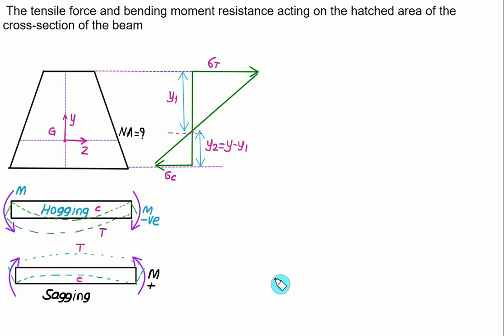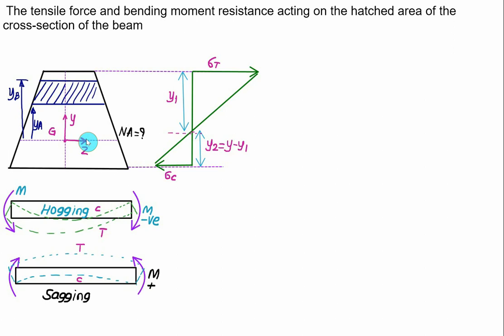And for the third type of question, they can ask what is the moment resisted by the given cross section. So this time they will provide this cross section here, which is from the neutral axis NA at a distance equal to YA and a distance equal to YB from the neutral axis.